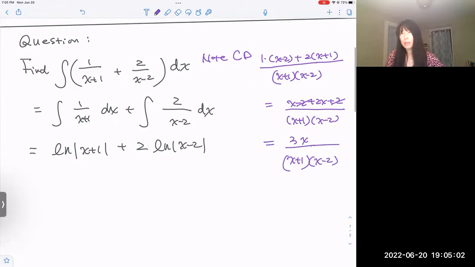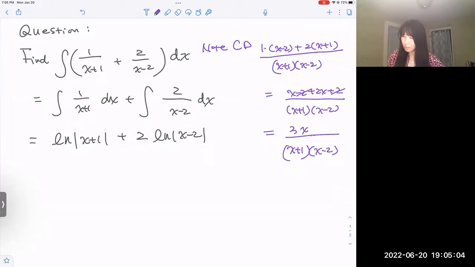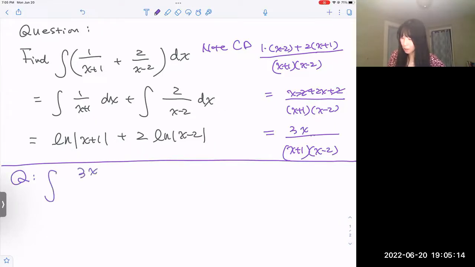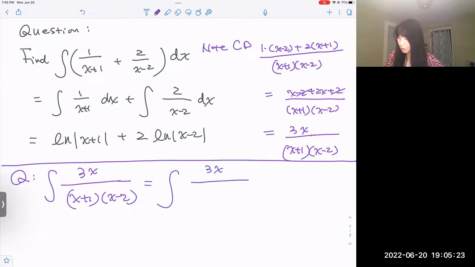All right. So in this case, if we have a question like 3x over x plus 1, x minus 2, or if we distribute, we get x squared minus x minus 2 in the denominator.